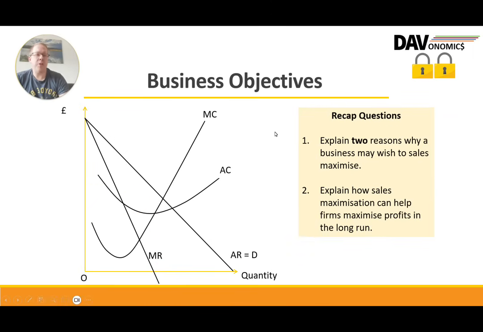Or you can maximise total sales, assuming you're not making a loss. That'd be at normal profits, AC equals AR, and then you find your quantity and you make normal profits. So they test those a lot. Quite a lot of use of diagrams to show business objectives and calculations to do with that is very common.